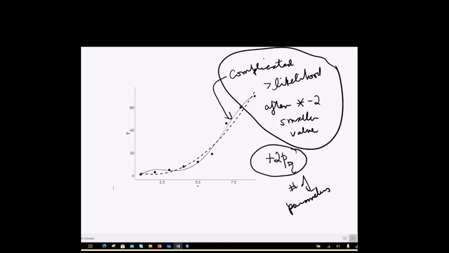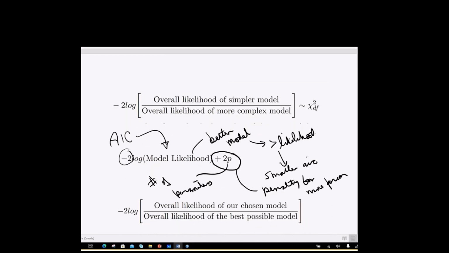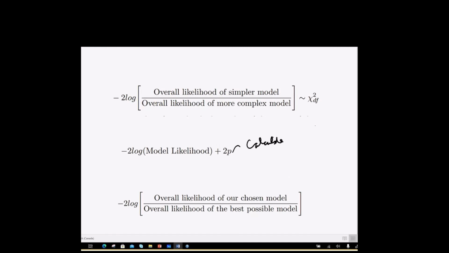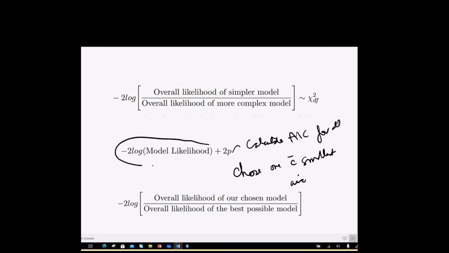So if we go back and look at this formula for AIC, what happens is that if you had a whole bunch of models, you can calculate the AIC for all and choose the one with the smallest AIC. Because on the one hand, models with more parameters are going to fit better because this is going to tend to make it small, but there's going to be a penalty paid in the form of 2P for adding additional parameters.